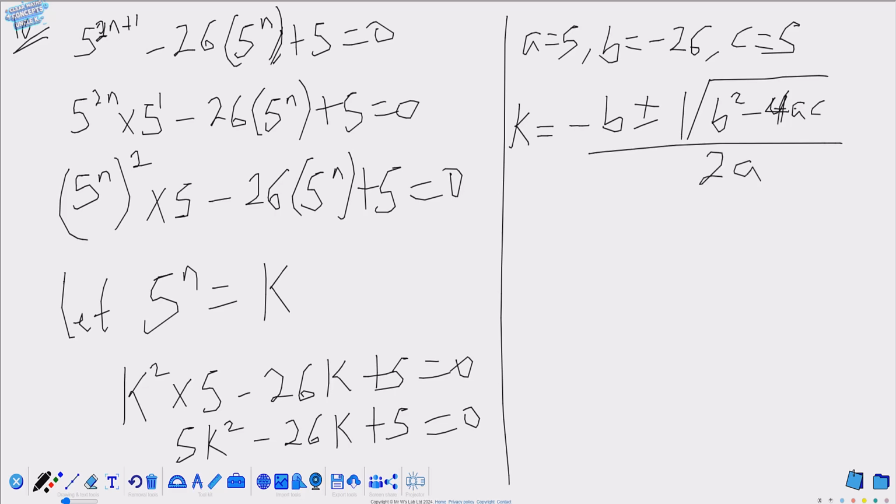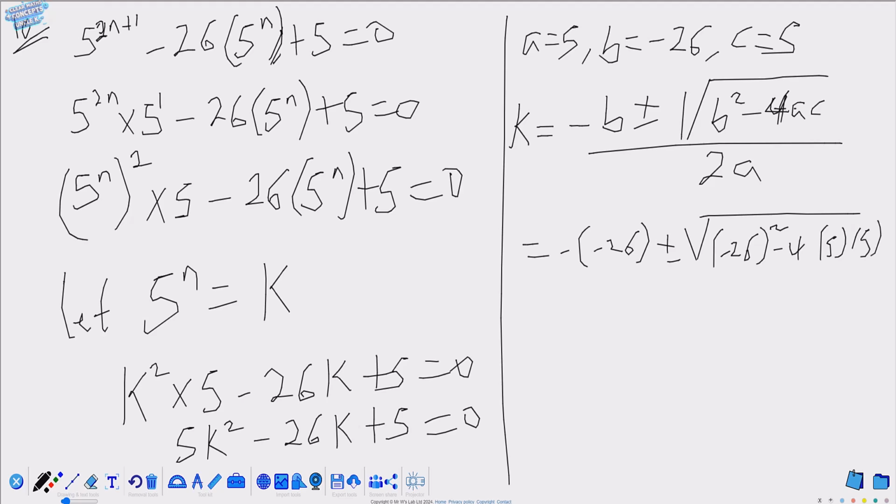Alright, so you have minus into minus 26 plus or minus square root of minus 26 squared minus 4 into 5 into 5, over 2 into 5. So you have 26 plus or minus.